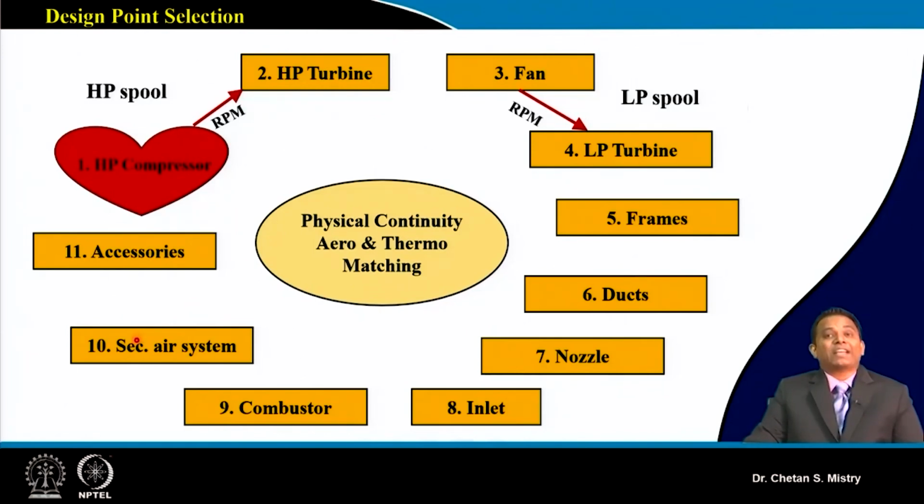We will have a secondary air system, which is not a priority, but it is important, as it directly impacts the weight of the engine. Then external accessories: different actuating mechanisms and other mechanisms we accommodate in the engine.